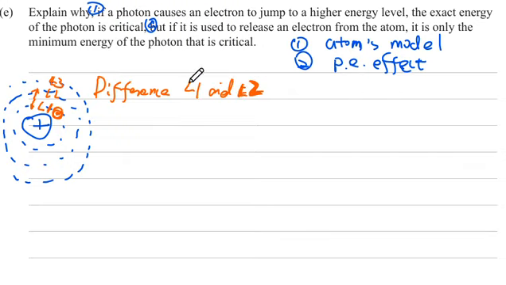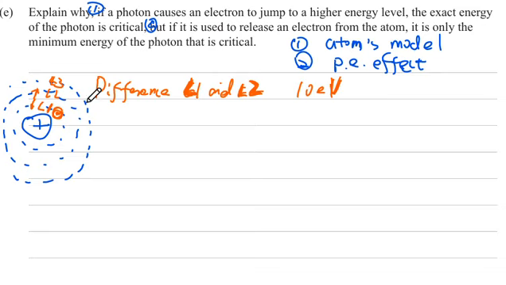Let's use some examples here because we know that for hydrogen atoms, level 1 is a fixed number, and level 2 has a constant value of energy, and so do level 3, level 4, level 5. But we are using examples here, we want to simplify this. The difference between level 1 and 2 is, let's say, equal to 10 eV.